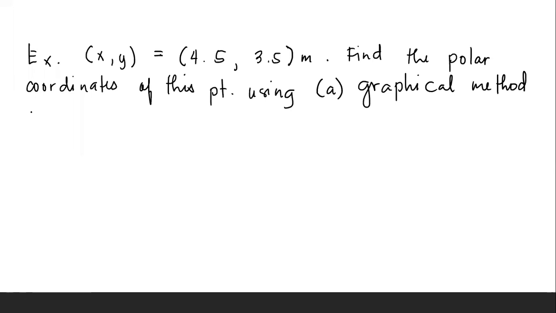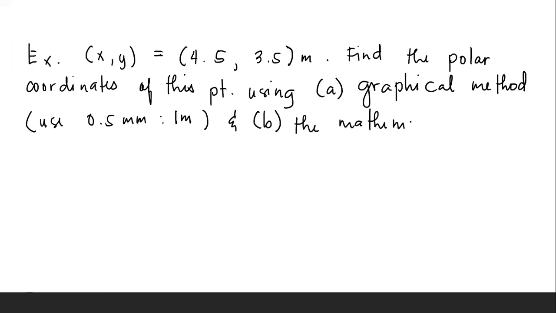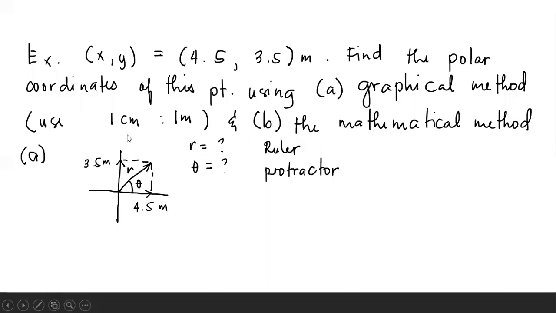Okay. Condition, use 0.5 millimeter is to 1 meter. And letter B, the mathematical method. Okay, instead of 0.5 millimeter is to 1 meter, use 1 centimeter is to 1 meter.